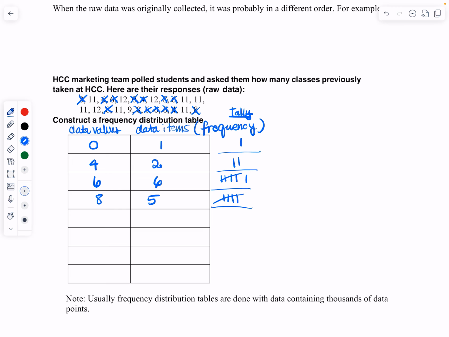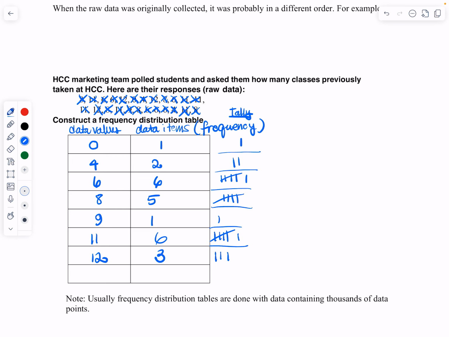Next one up from 8 is 9. And I only see 1 of those. And the next one up from that would be 11. 1, 2, 3, 4, 5, 6. All right, and then 12. 1, 2, 3.